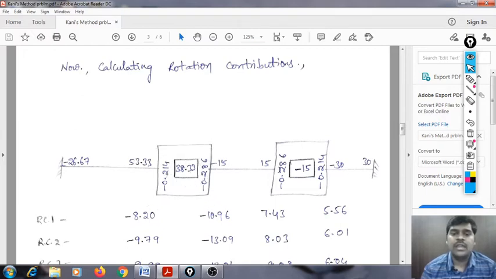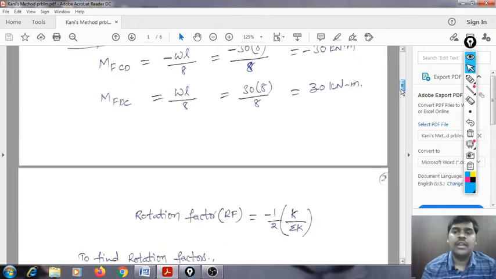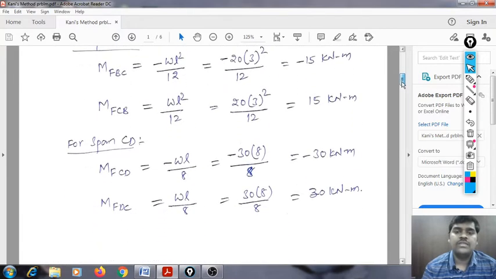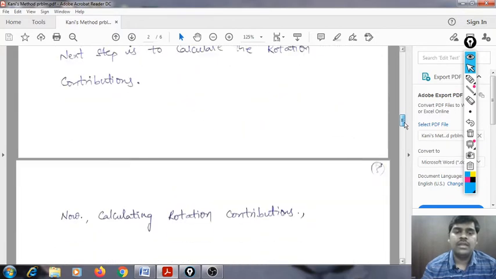Here I am writing again the values which I have calculated just now, that is minus 0.286 and minus 0.214. So minus 26.67, 53.33, minus 15, 15, minus 30 and 30. These are the fixed end moments which I have calculated earlier, right? These values I am writing here.